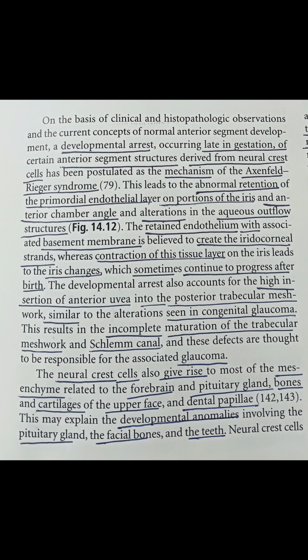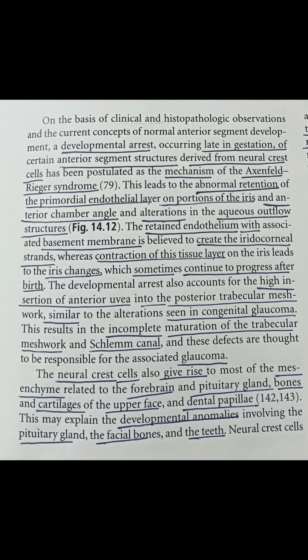The neural crest cells also give rise to most of the mesenchyme related to the forebrain and pituitary gland, bones and cartilages of the upper face, and dental papillae. This may explain the developmental anomalies involving the pituitary gland, the facial bones, and the teeth.